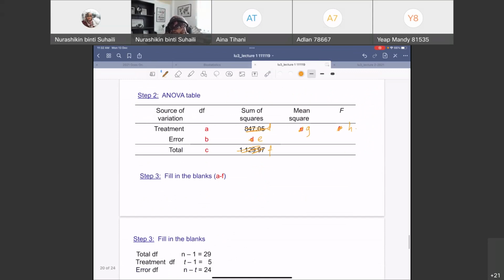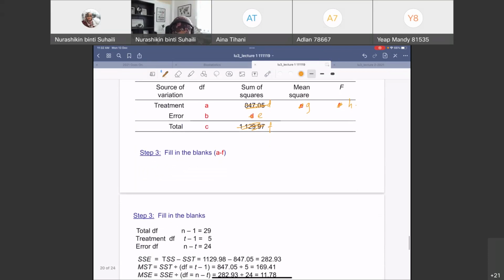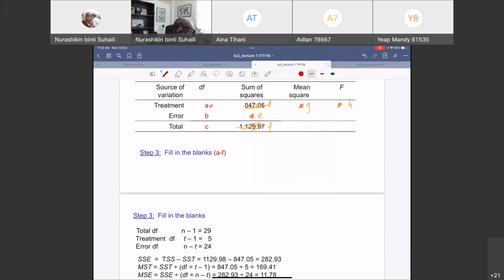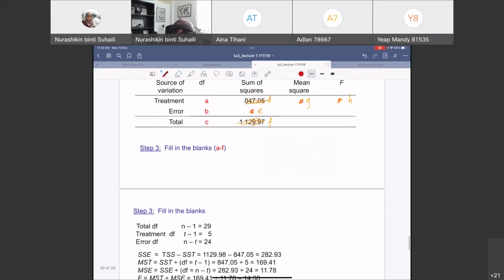Degree of freedom, okay. For the treatment, degree of freedom is equal to t minus 1. What is t? T is number of treatments.